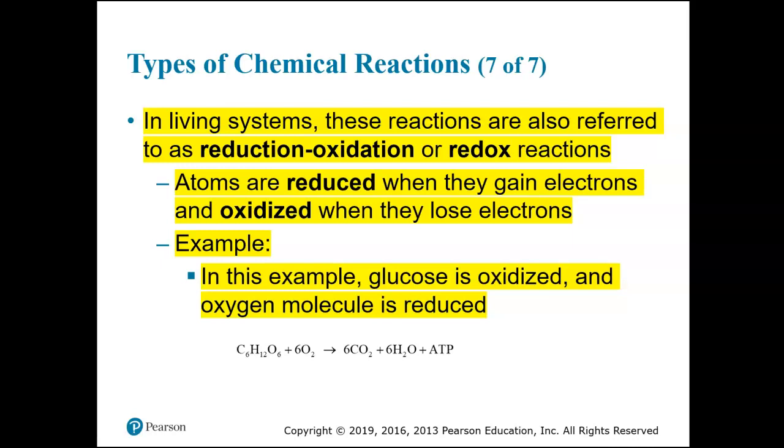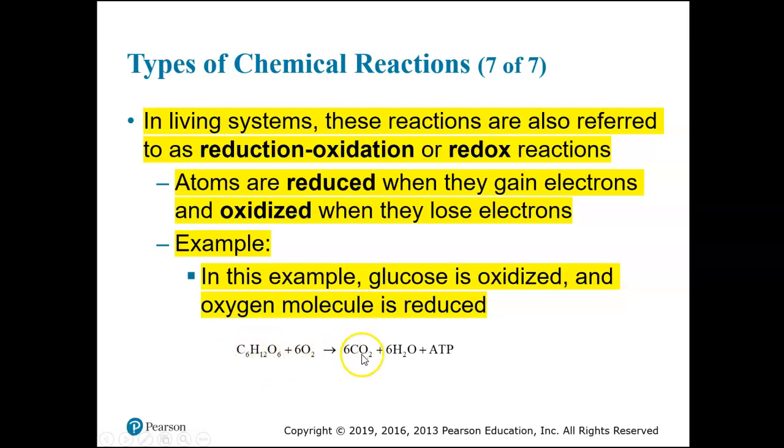All right, so glucose has 12 hydrogen atoms. And those hydrogen atoms contain protons and electrons, but we're going to focus on the electrons because what we see happen to this glucose is that it loses those hydrogens. It becomes carbon dioxide. When it's a reactant, it has carbon, oxygen, and hydrogen.